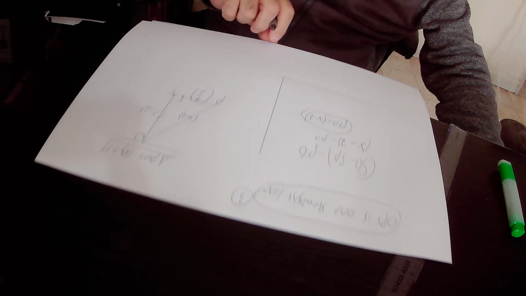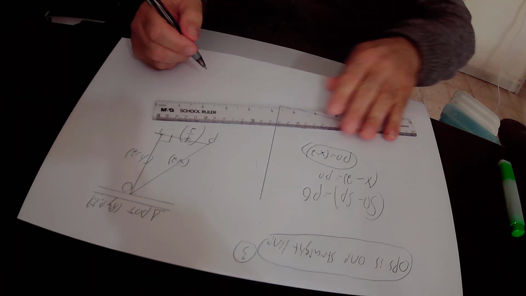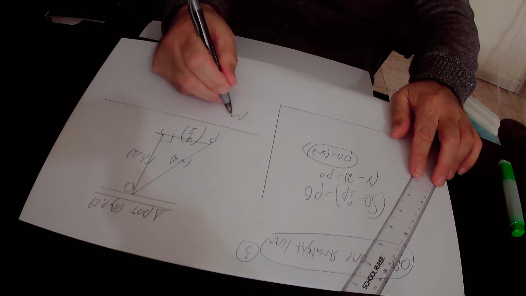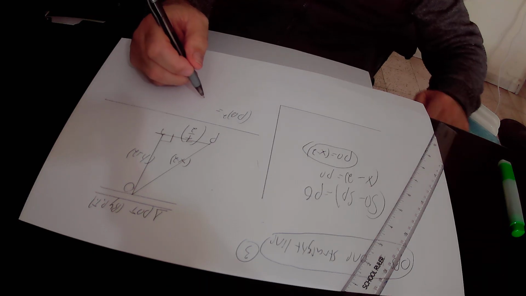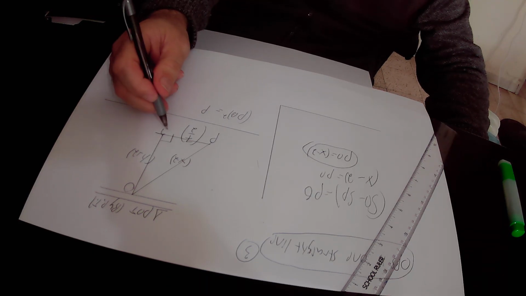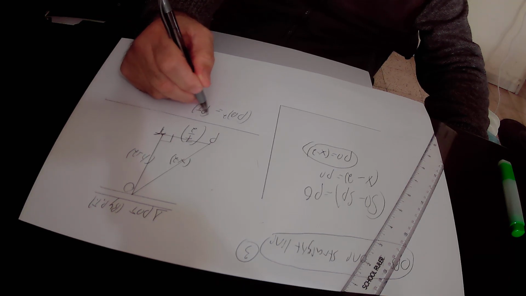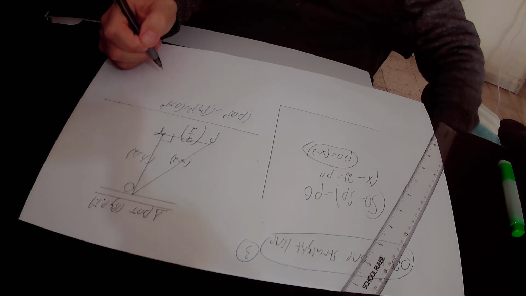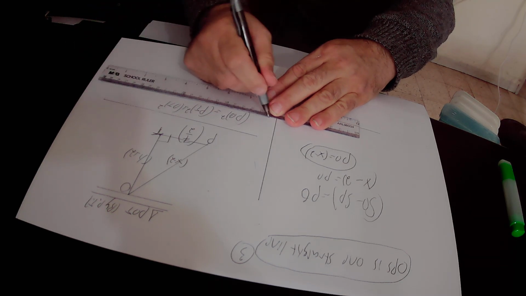Now we implement on this right triangle POT the Pythagorean theorem. According to the Pythagorean theorem, PO squared equals PT squared plus OT squared.